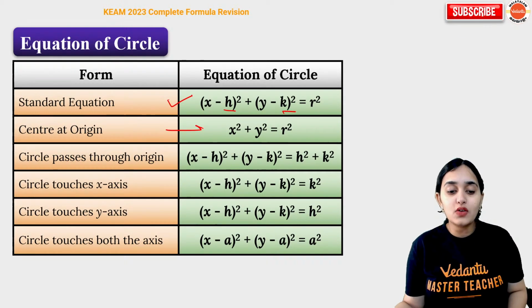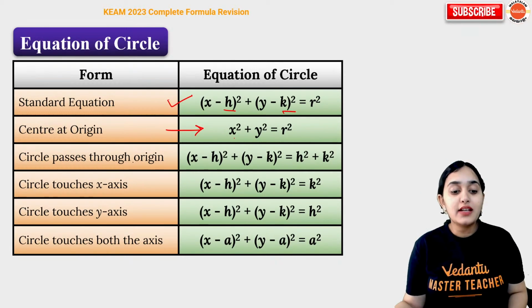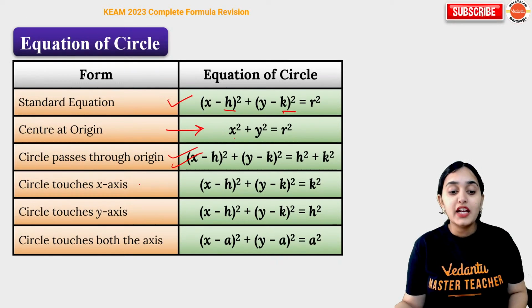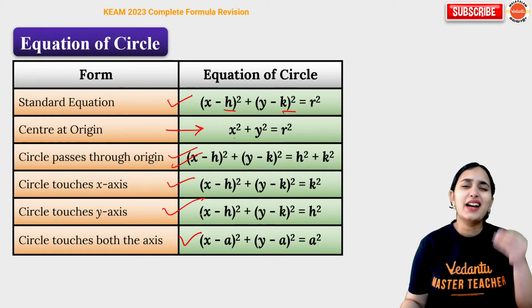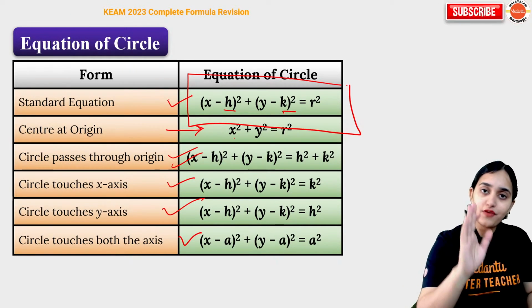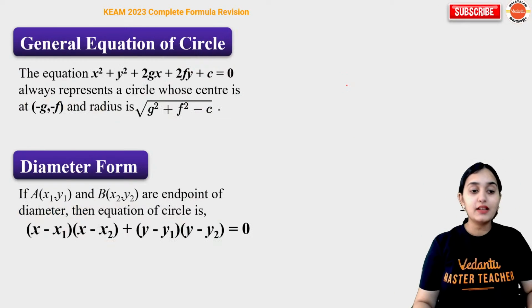If the center is origin, then x square plus y square is equal to r square. If the circle passes through origin, this is the equation. If it touches the x-axis, the y-axis, or both axes. No need to memorize these formulas. If you remember the standard formula, you can obviously derive all the other formulas as well, right?